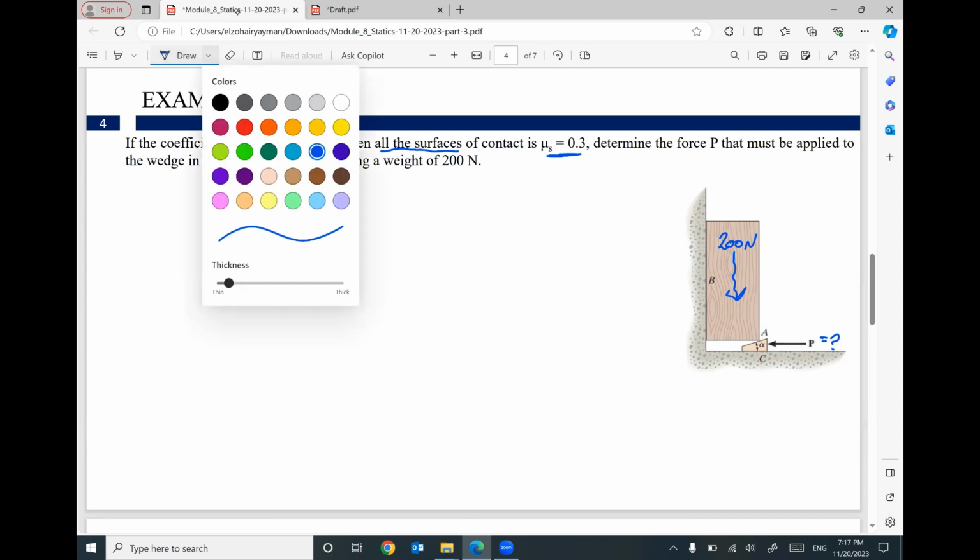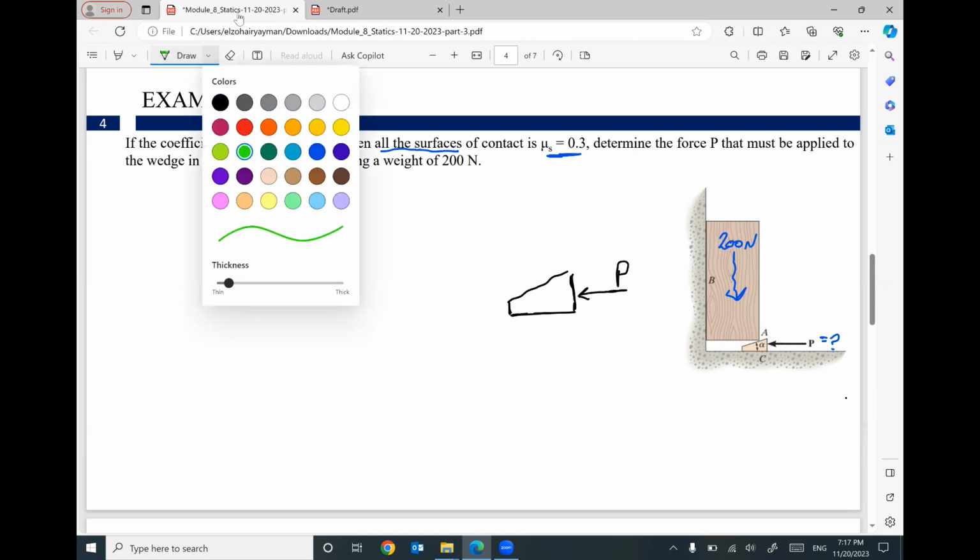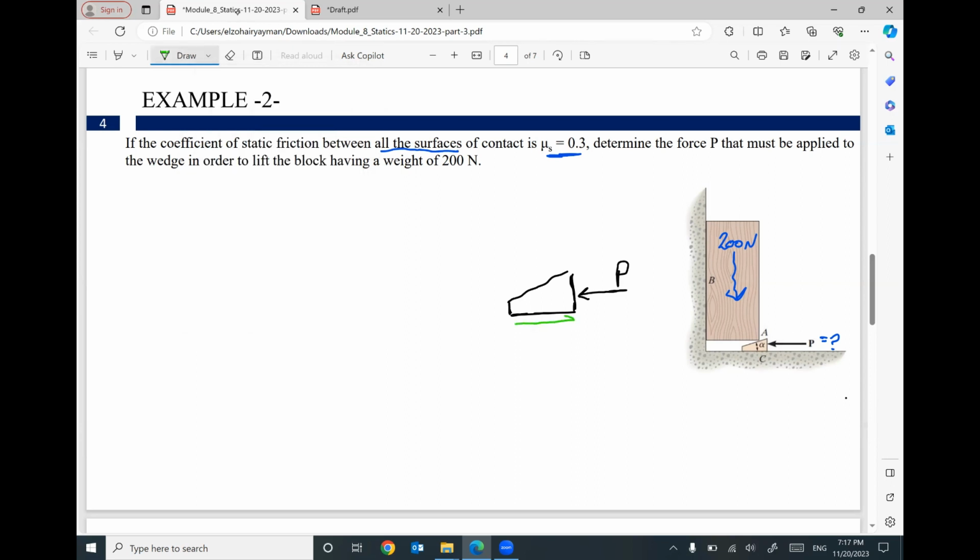So keep in your mind, this problem will be solved by analyzing the wedge and analyzing the block. Let's start with the wedge. Here is the wedge. We are trying to push this wedge with a force P. I believe there is a friction force between the wedge and the ground surface at C. This friction force, I will call it FC, will be in the opposite direction of the movement.